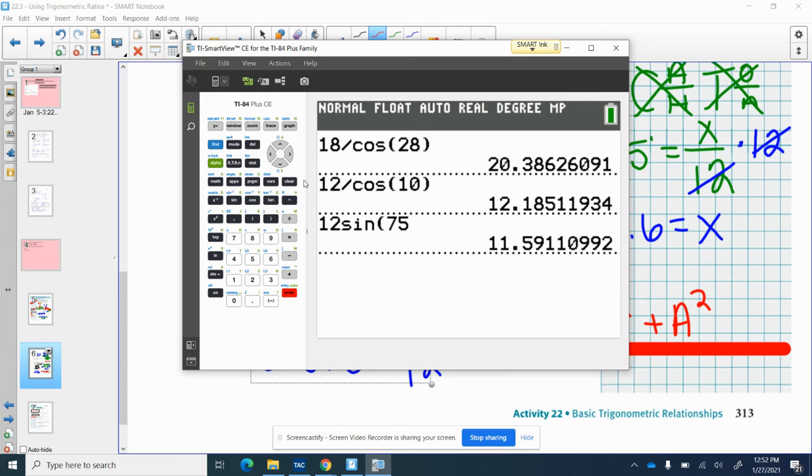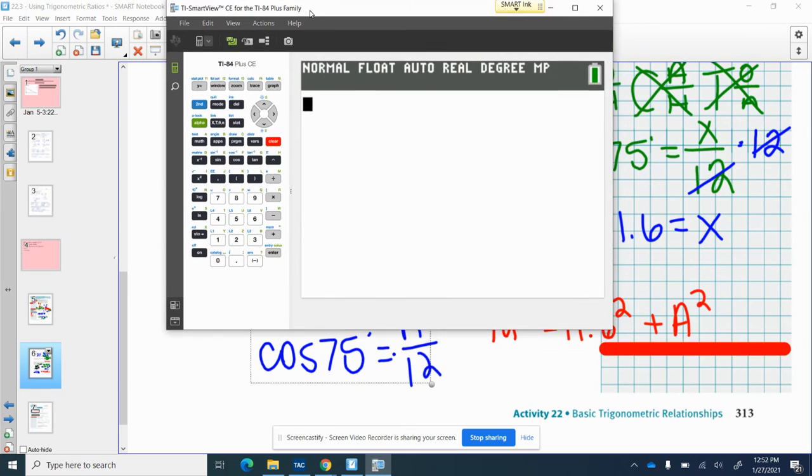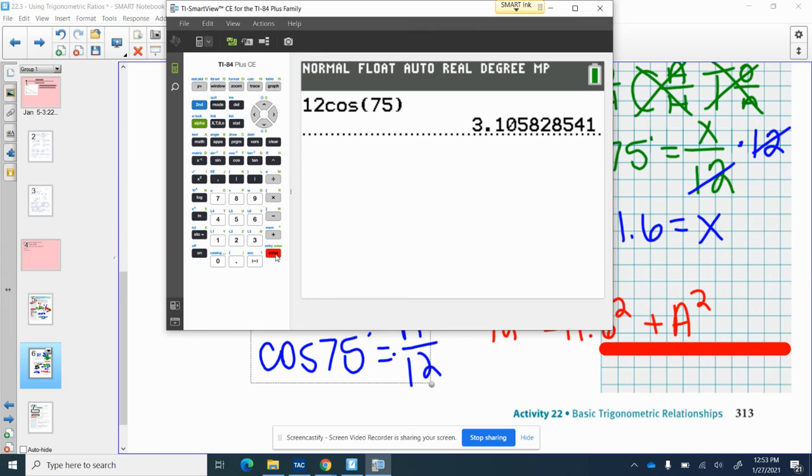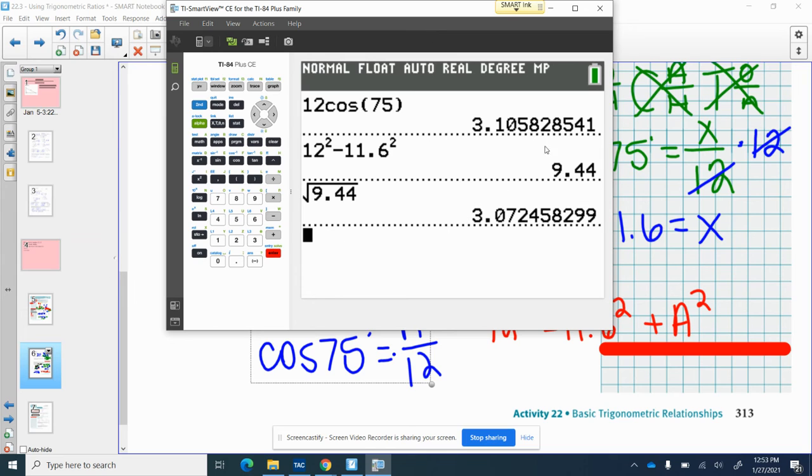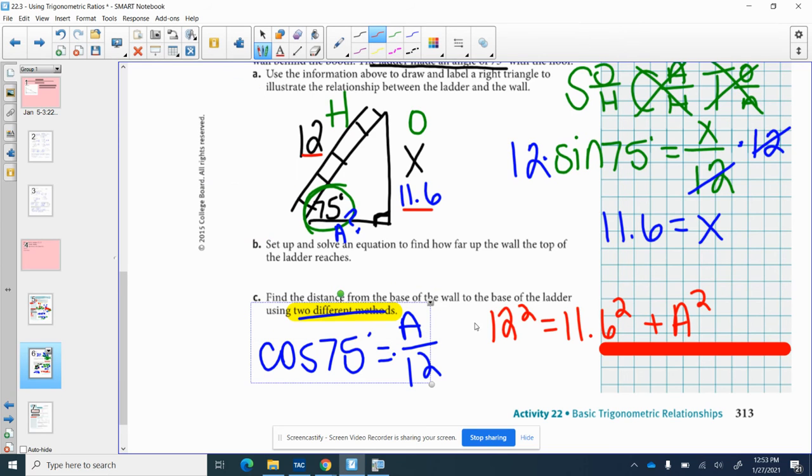So what we're going to notice is if we clear this out, whether we use cosine of 75 degrees or we use Pythagorean theorem, what we're going to see is that our answers are going to be the exact same or close to it, about 3.1 and about 3.1. Okay? So either method would give us that same answer.